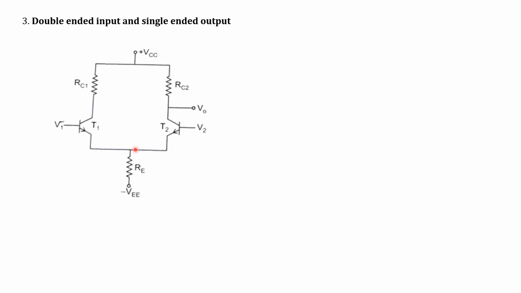Such a type of differential amplifier is most practical and widely used. This type of differential amplifier has the same gain, therefore the output voltage becomes equal to gain multiplied by V1 minus V2.